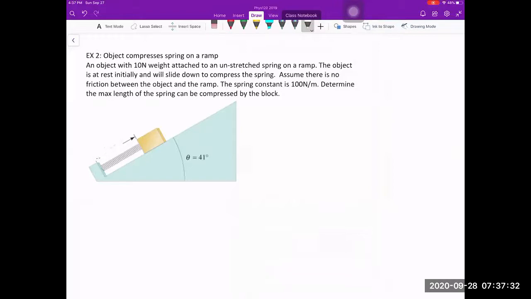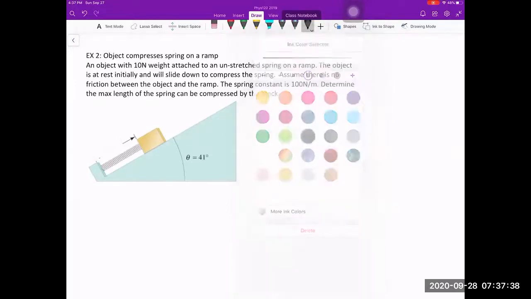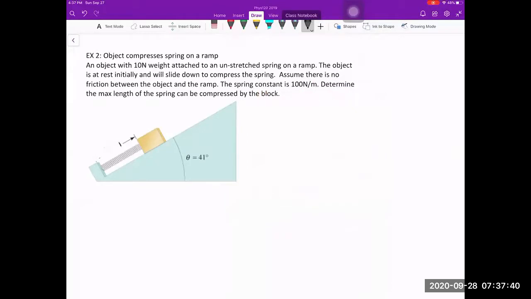Initially it's at rest. When it's fully compressed, it will be compressed by a certain amount. And we want to find out how much this box can compress the spring. We want to find this.